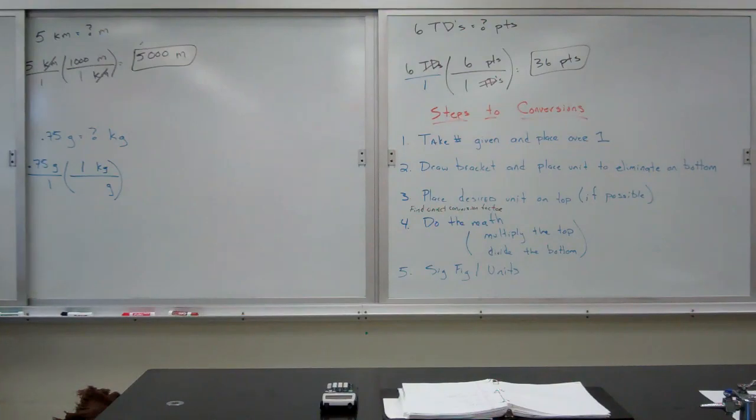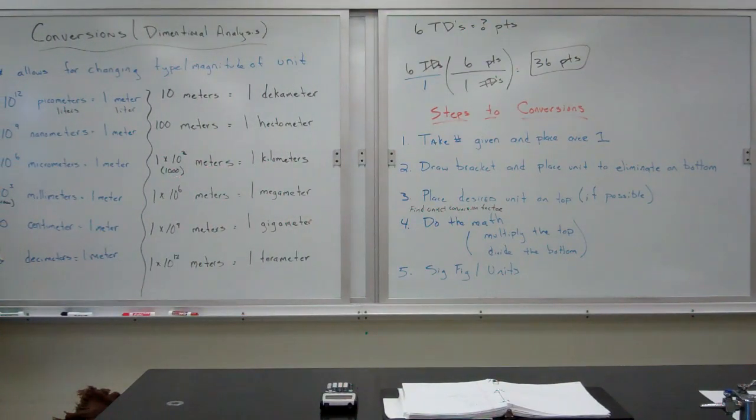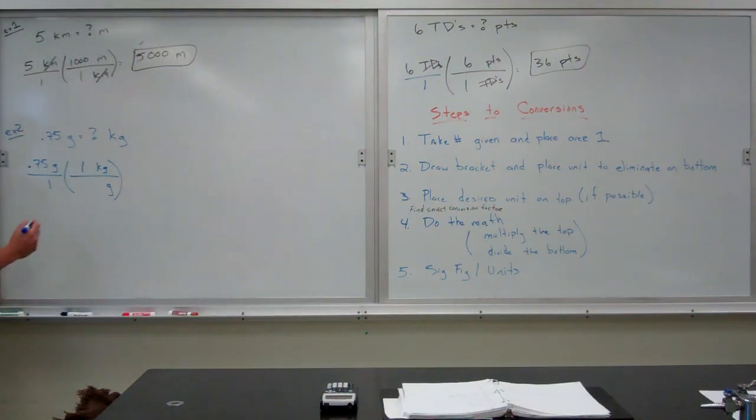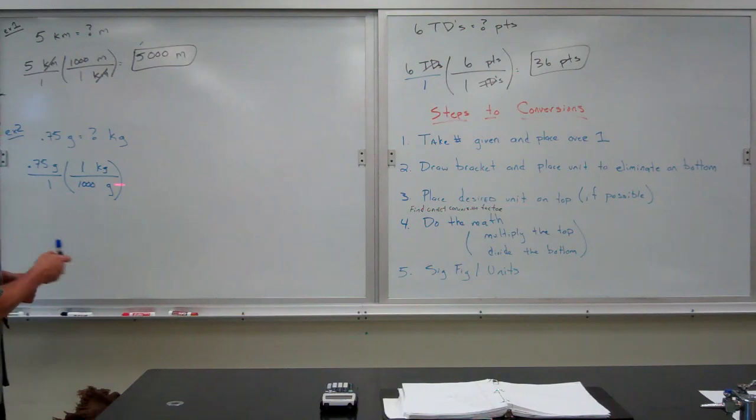And the number next to grams on our worksheet is 1,000, which means this will be 1,000. Right, so I found the correct conversion factor, 1 to 1,000, and I plugged it in.